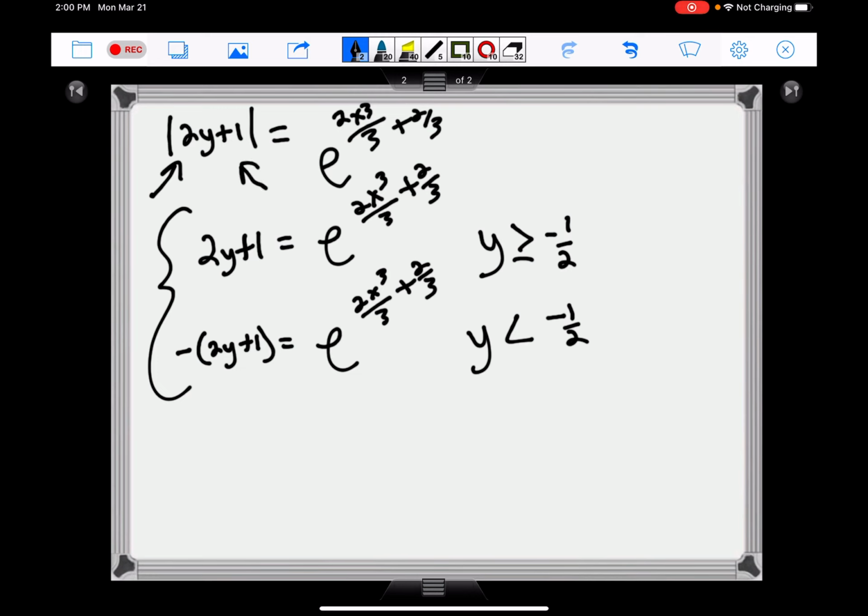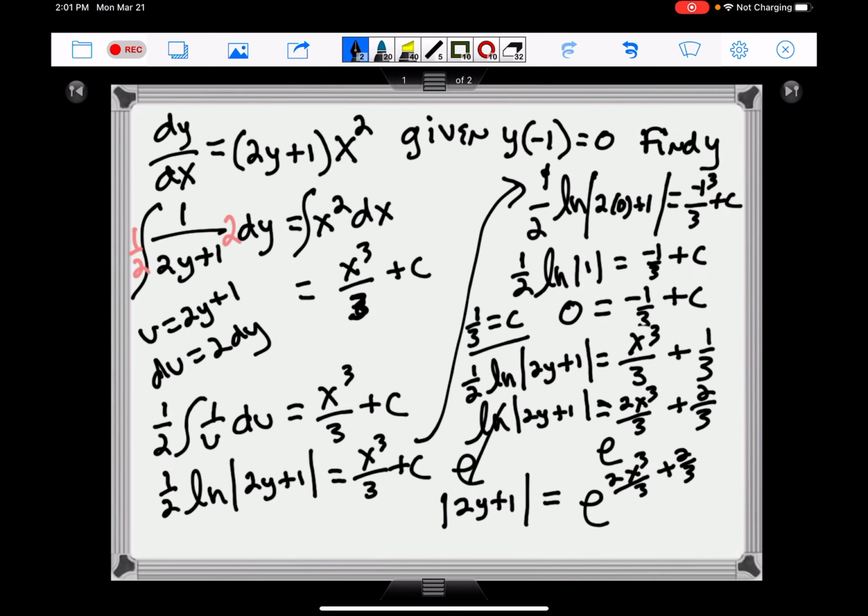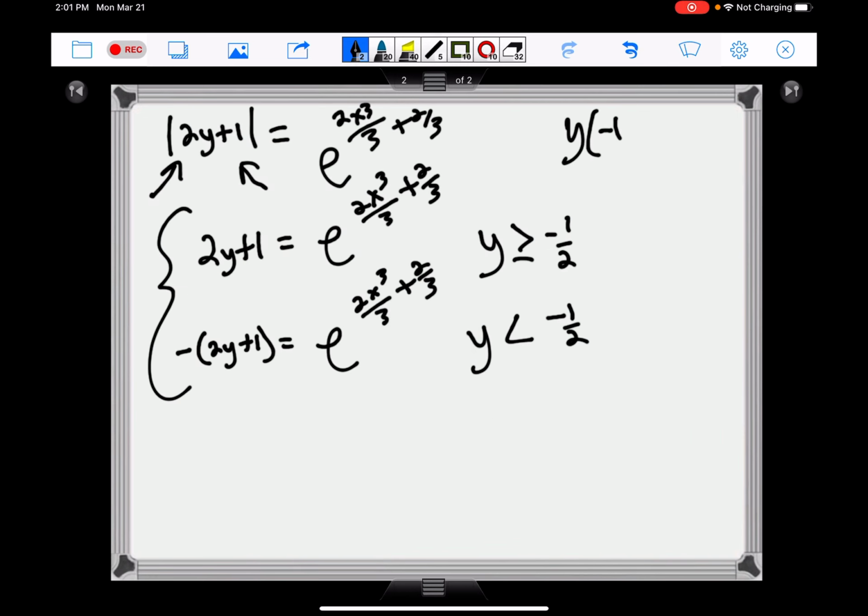Now, the initial condition point I gave you, I don't remember, was y of negative 1 equals 0. So do I want the positive or the negative? Positive?